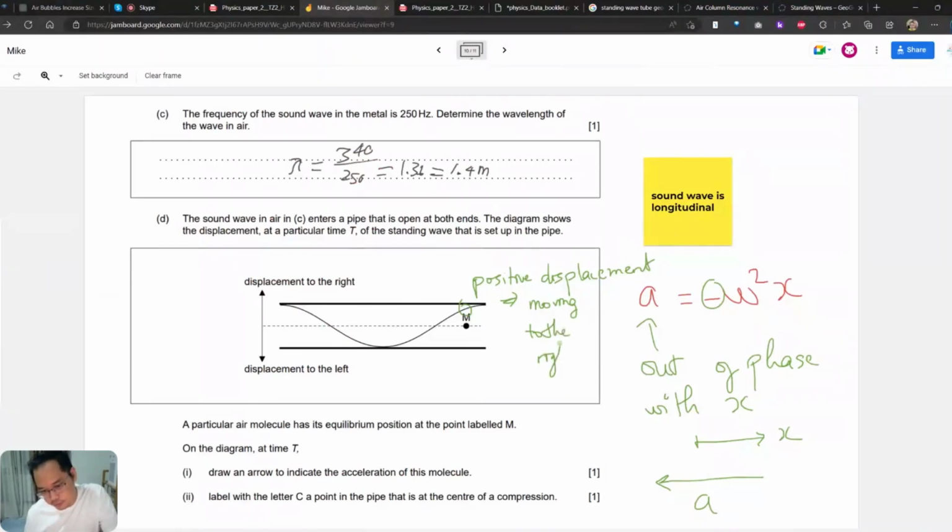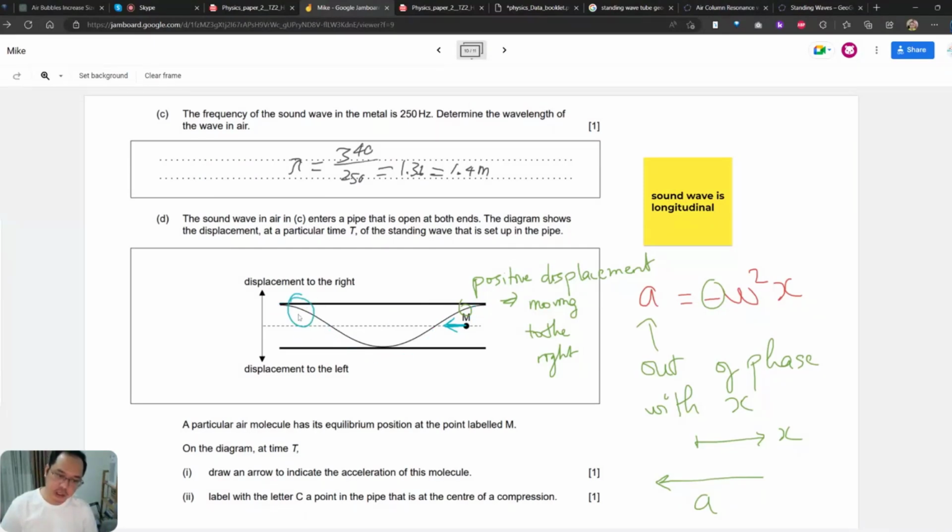Okay? So the acceleration must be to the left. You need to draw an arrow like this. Not easy, right? It is confusing. You see the illustration here, the curve.